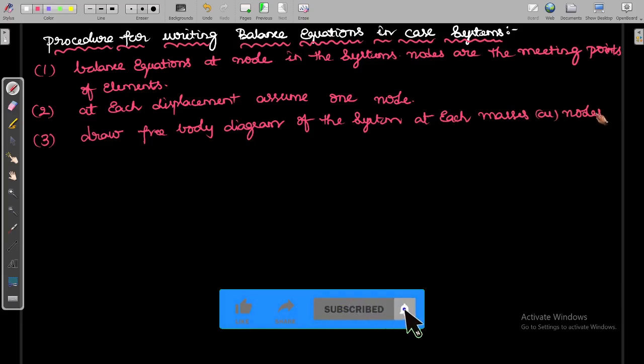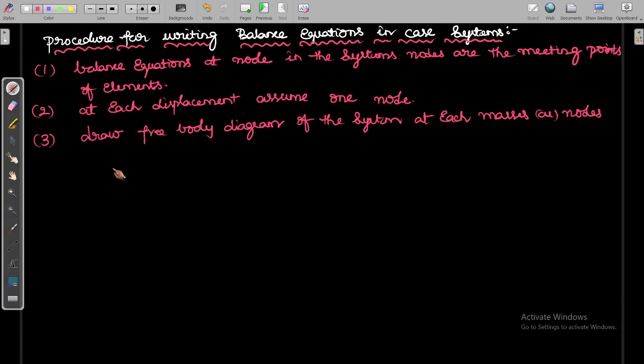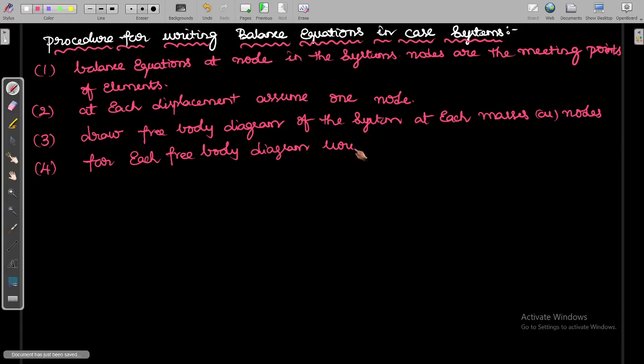Then, for each free body diagram, you have to write the differential equations.